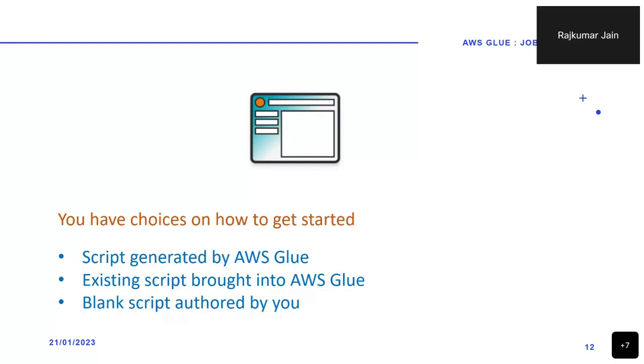So once it is saved, you will get the script also. And if you want to create from the script, then there's no need to go for the UI. You just go to the script and start writing your code there. And once your code is finished, you will see the UI, where you will see the complete setup from the source system, the transformation, to the target. So we will see it in the demo.